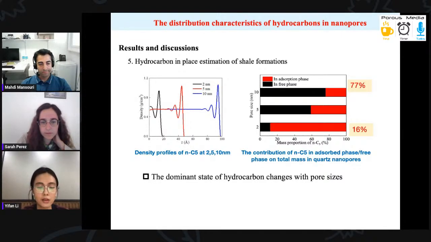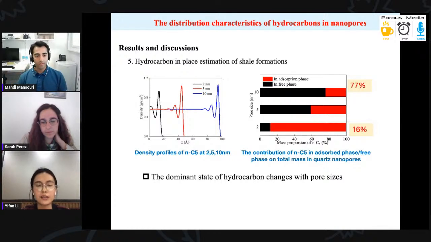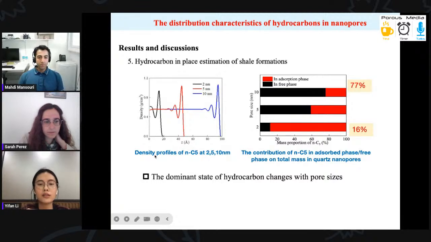Just a little bit of molecules appear in the center as a free phase. As we increase the pore size of our model, we see there is more free phase appearing in the centers of this slit, contributing to the free phase density. So that means as the pore size increases, our free phase becomes more dominant, right?